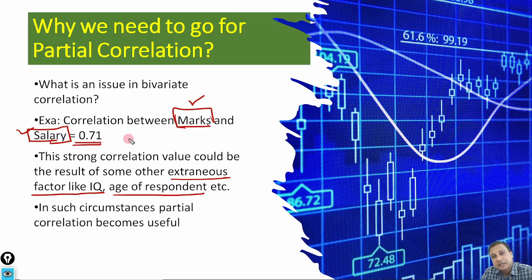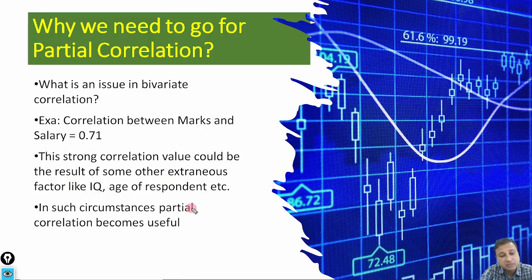This represents a very strong association between marks and salary. But in actuality, there are chances that variables like IQ level or age of respondent affect the marks and the values associated with salary. In such circumstances, partial correlation becomes useful.